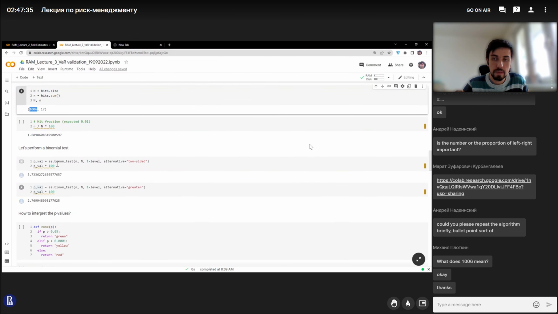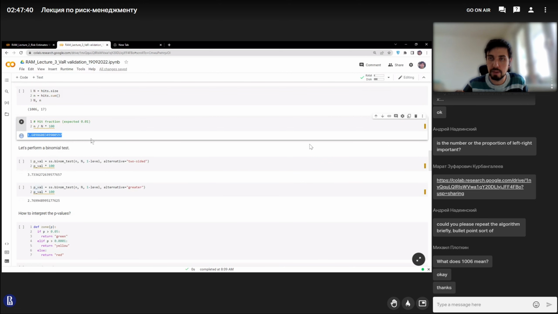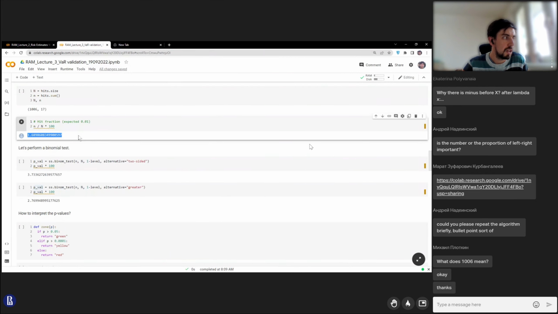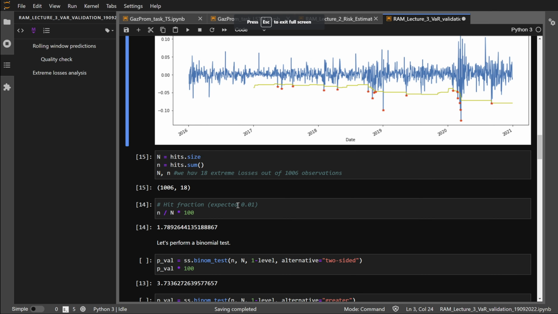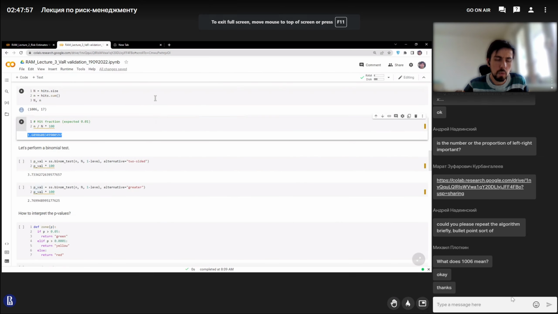So let's see how many hits I observe relative to the size of the sample. And actually, I understand that I observe 1.7% of days when realized losses exceeded value at risk estimates.